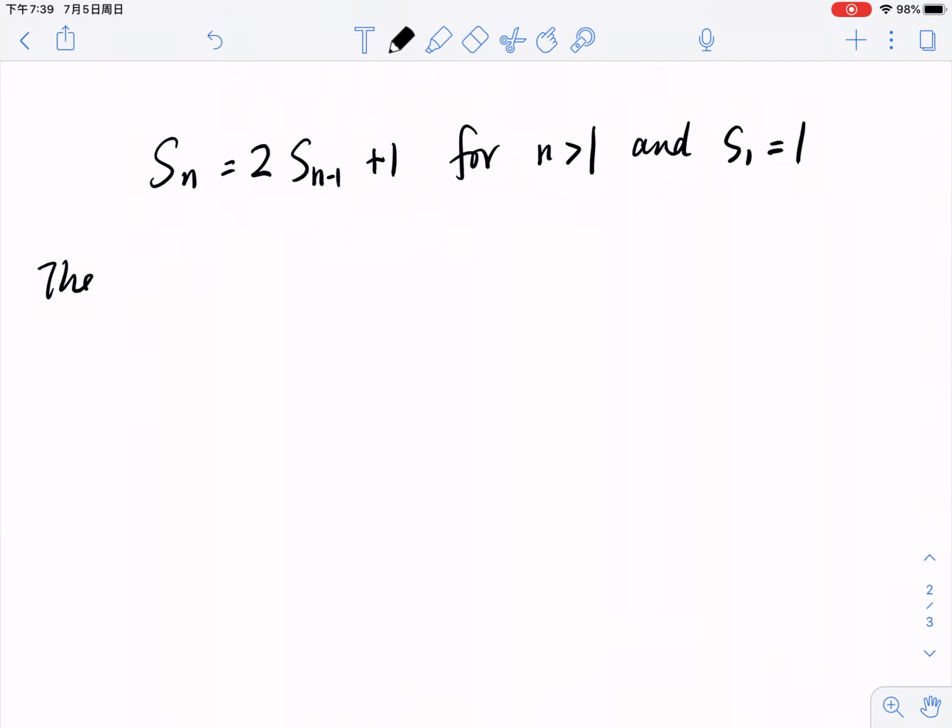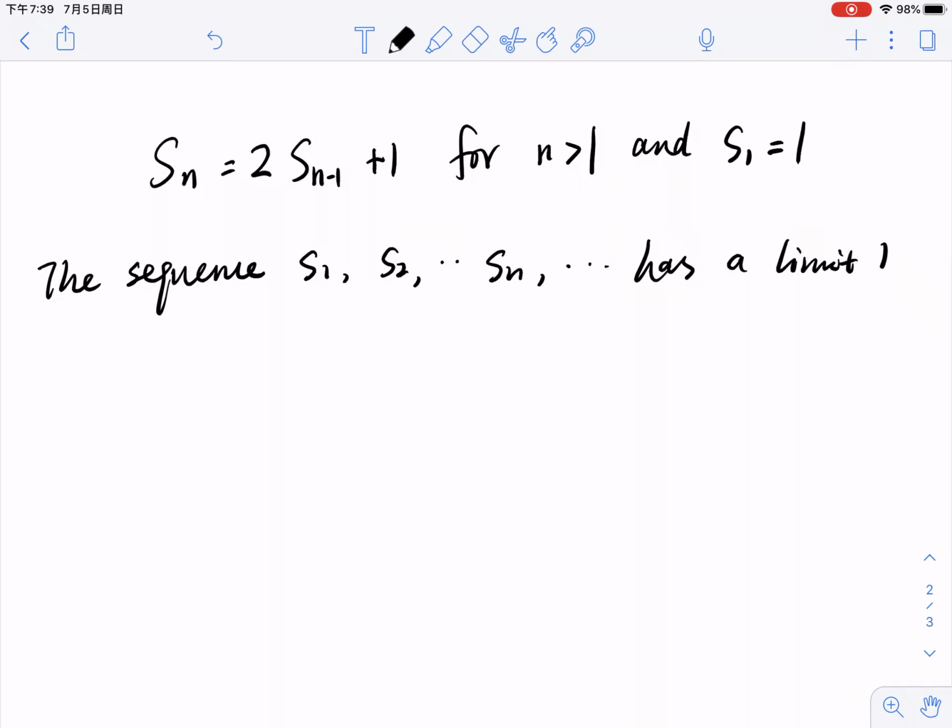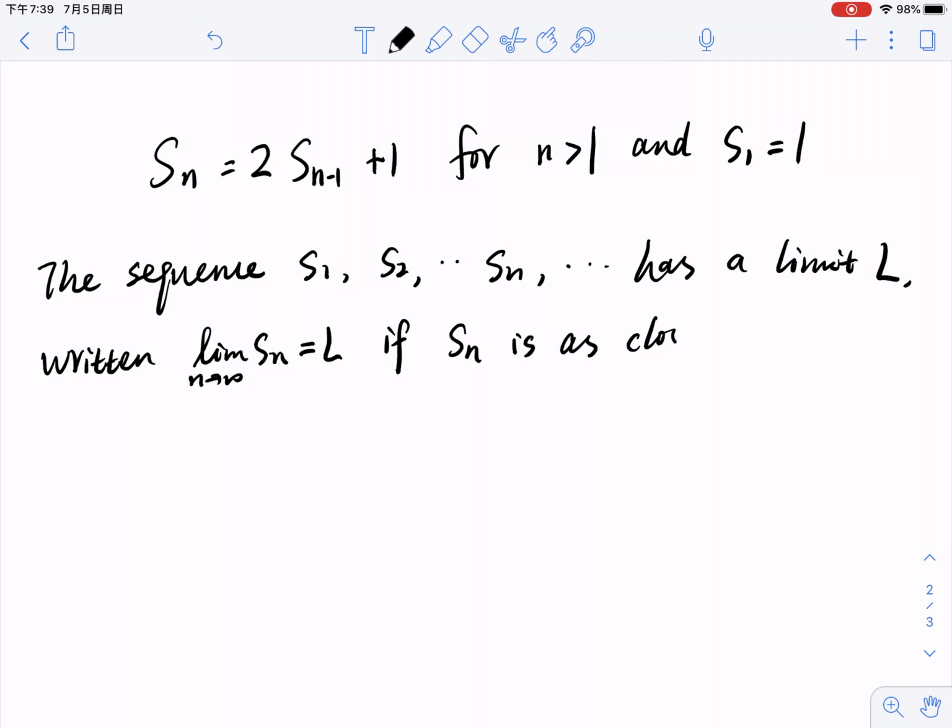So the sequence S1, S2, Sn has a limit L, written limit of Sn as n goes to infinity is L, if Sn is as close to L as we please whenever n is sufficiently large.